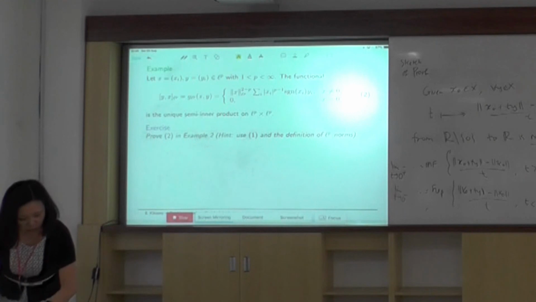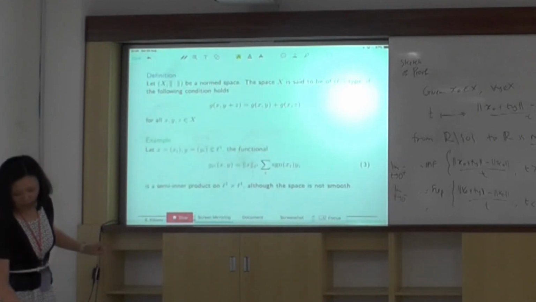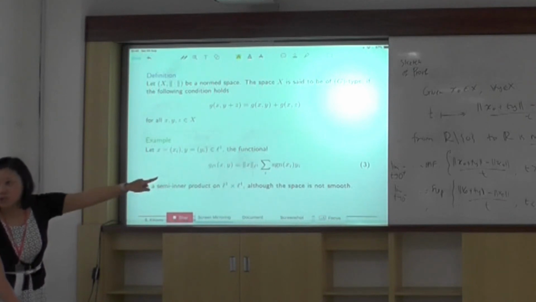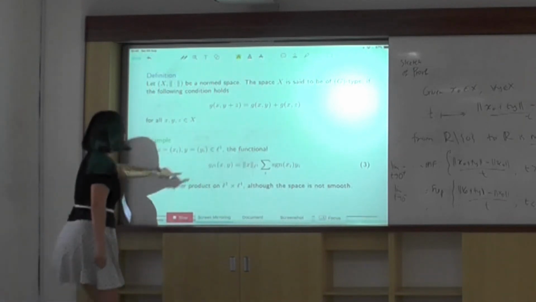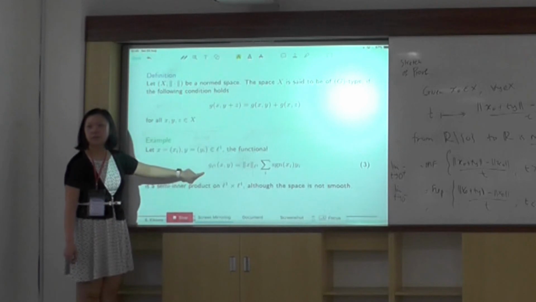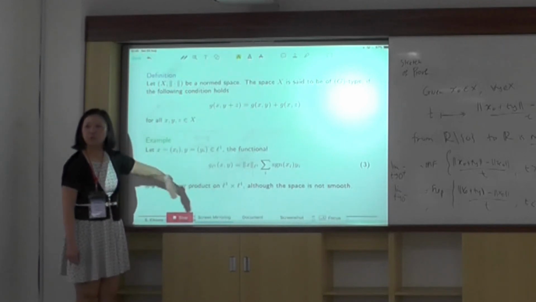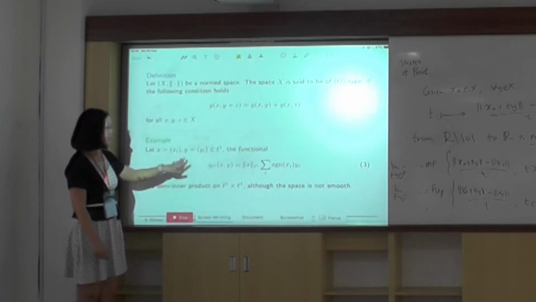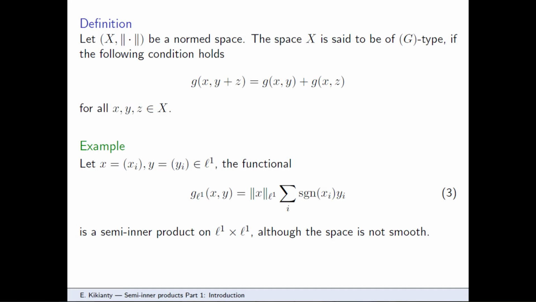Even though L1 is not a smooth space because of that picture, you can still get a semi-inner product. So smoothness ensures that if you use that G, you will get a semi-inner product. But sometimes you can also have a semi-inner product constructed with that G, even though the space is not smooth.